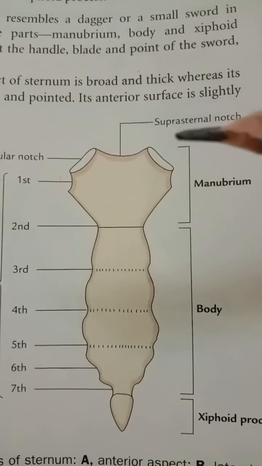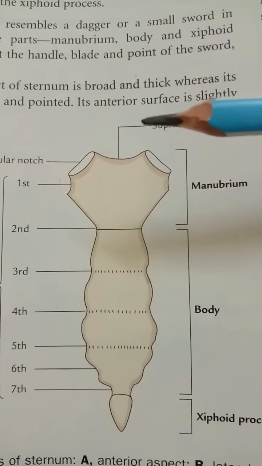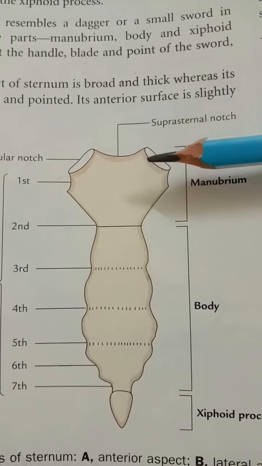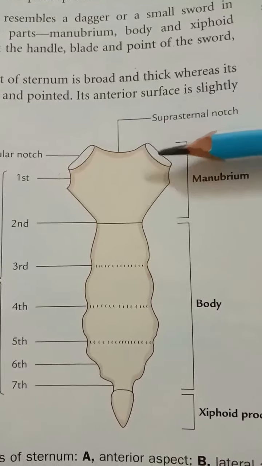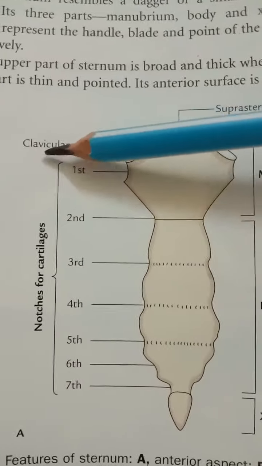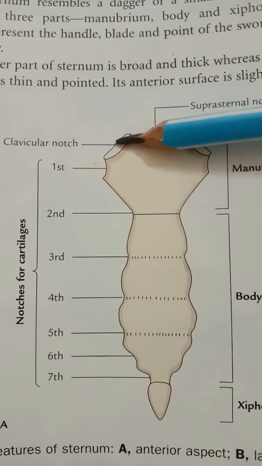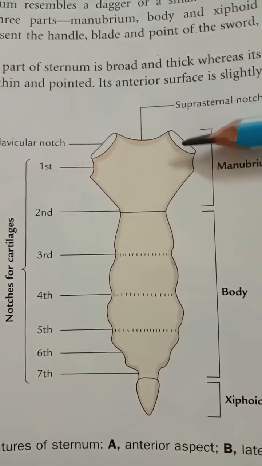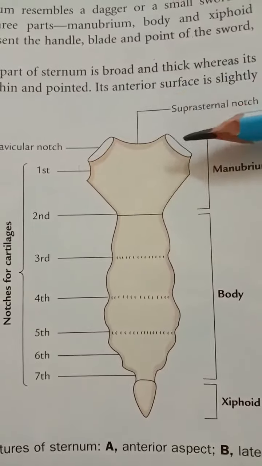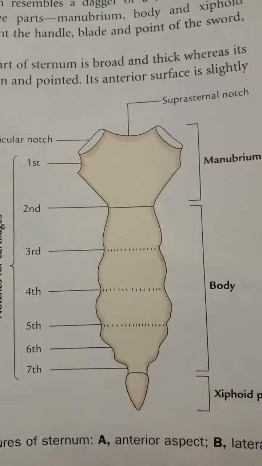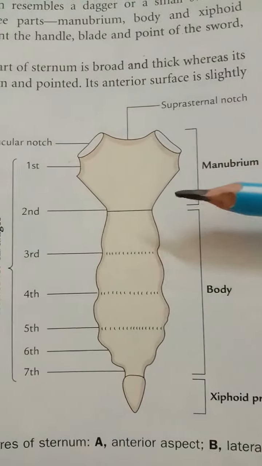Then the clavicular notch is present on both lateral sides of the manubrium sterni. Here and here, the medial end of the clavicle is attached to form the sternoclavicular joint.